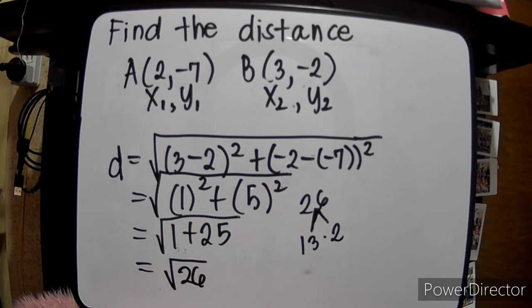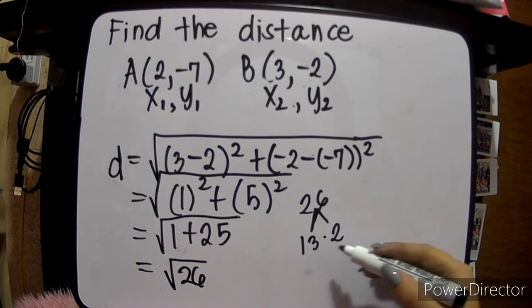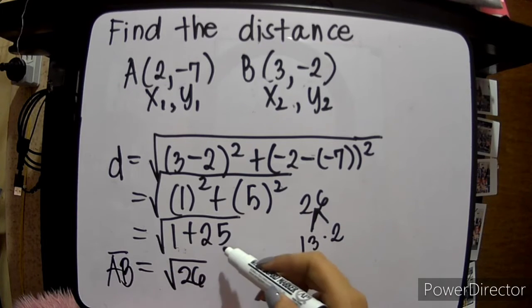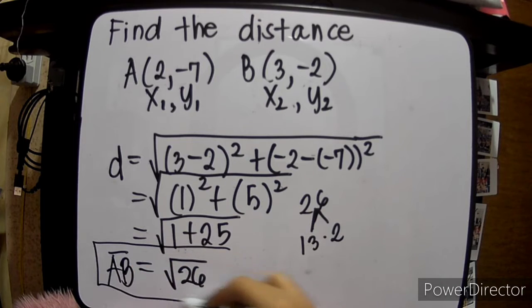And 13 times 2, wala namang perfect square factor si 13 kasi prime na siya. Ito din prime din, wala namang perfect square factor. So, this distance of AB is square root of 26.